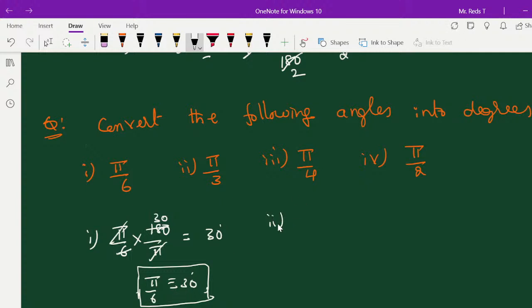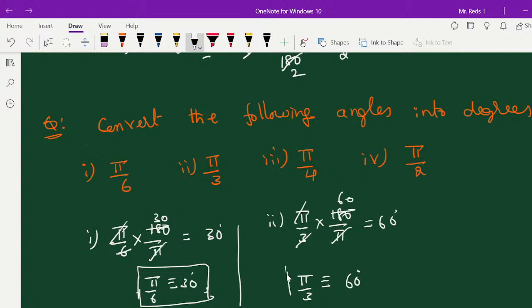Second one, pi by 3. Pi by 3 multiplied with 180 by pi. Pi cancels. 3 ones are 3, 3 sixes are 18, so it is equal to 60 degree. That means pi by 3 radian is identical to 60 degree.